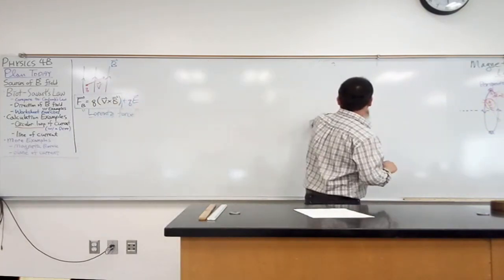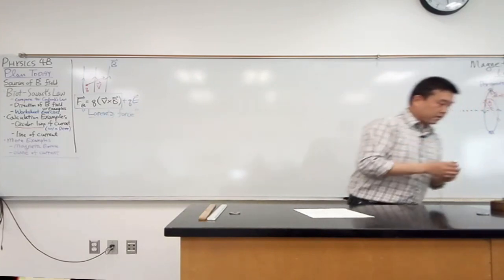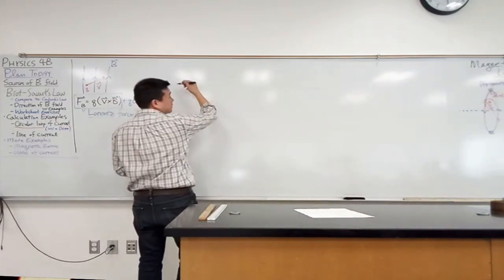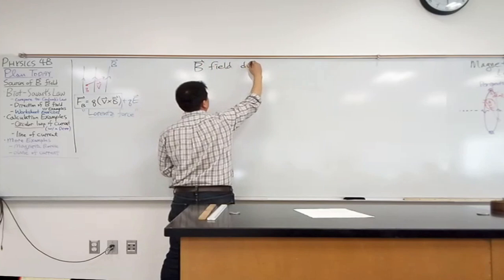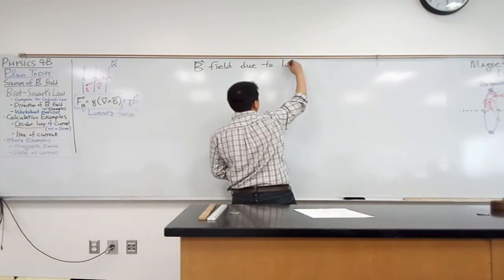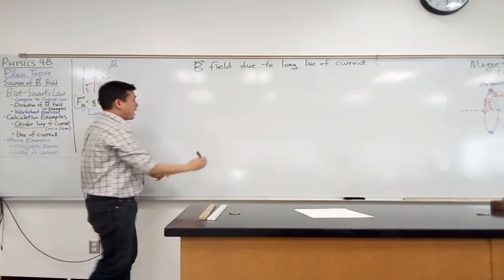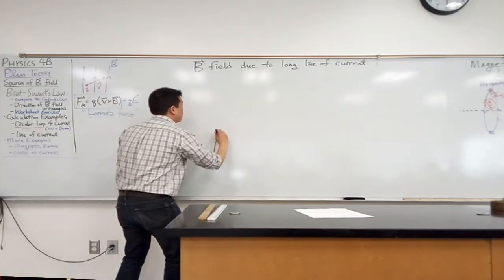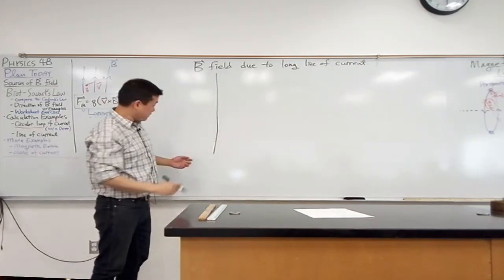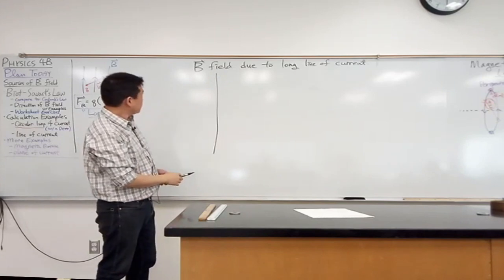So let me set up the situation here. This will be for the magnetic field due to, let's say, a long line of current. I have a long wire that's carrying current.